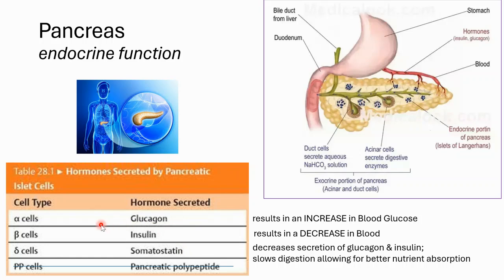You need to specifically know that glucagon is secreted from the alpha cells of the pancreas, insulin is secreted from the beta cells of the pancreas, and somatostatin is secreted from the delta, that's what that little symbol means, delta cells of the pancreas.